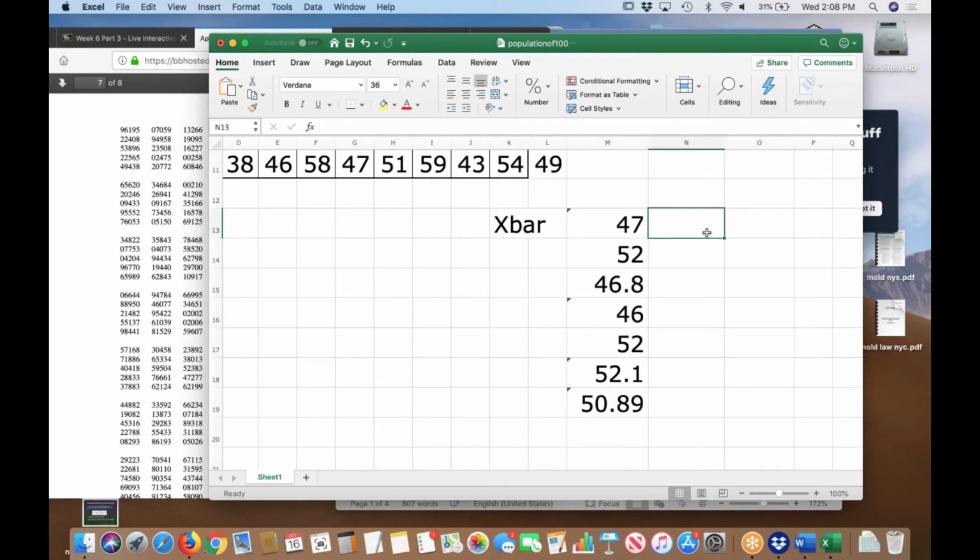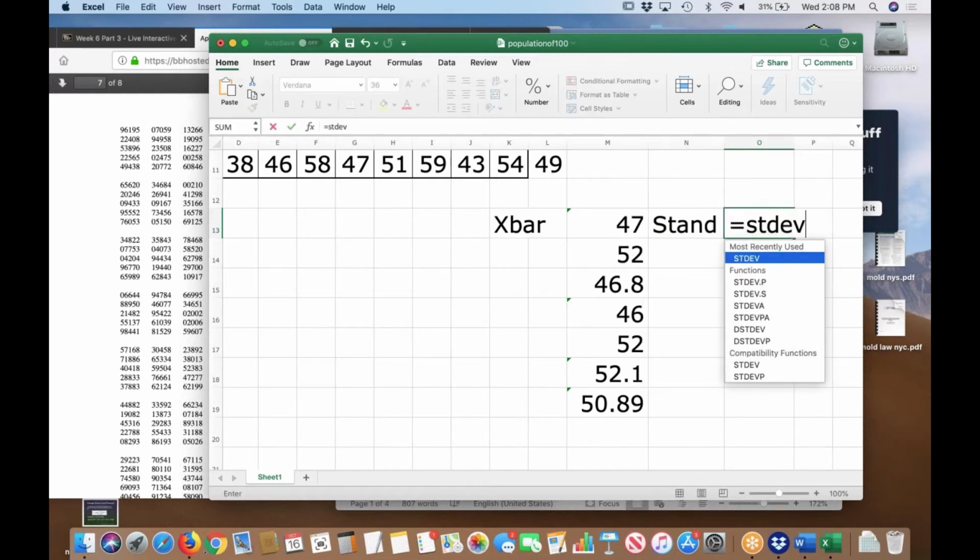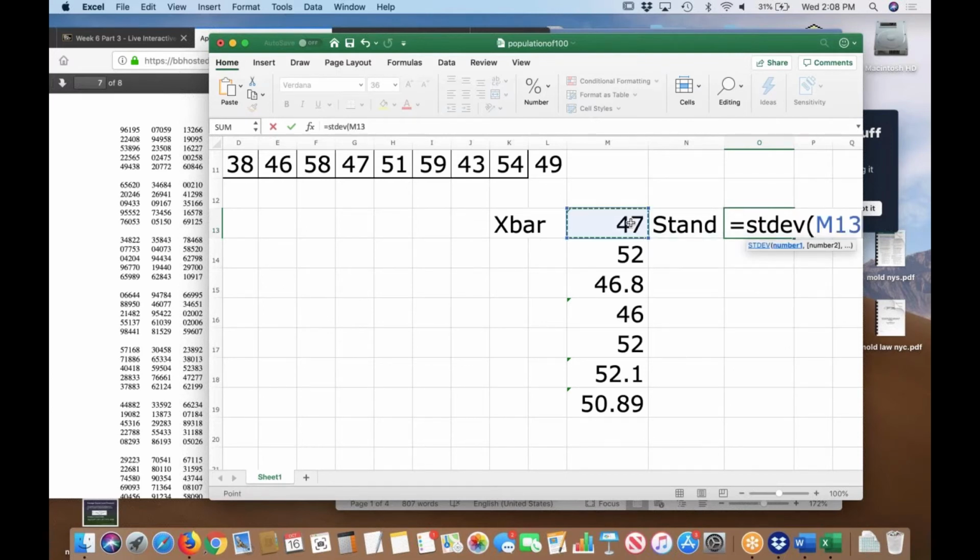So my standard deviation is going to be equal to STDEV, parentheses. And now notice I'm going to take standard deviations, not of the population, but of the values I got each time I took a sample size of 9 and found an average. And the standard deviation is 2.8.